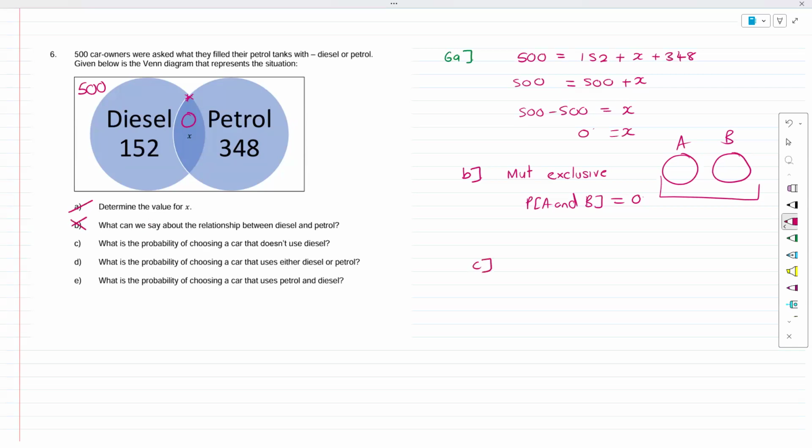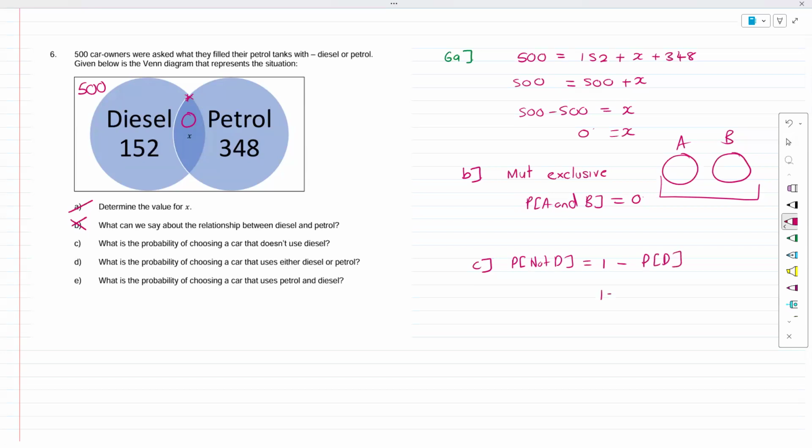What is the probability of choosing a car that doesn't use diesel? Now, guys, this is probability of not diesel. We learned this previously, and this is okay. But let's do it properly. Probability of not diesel is equal to 1 minus the probability of diesel, right?